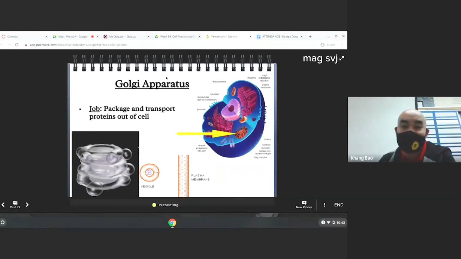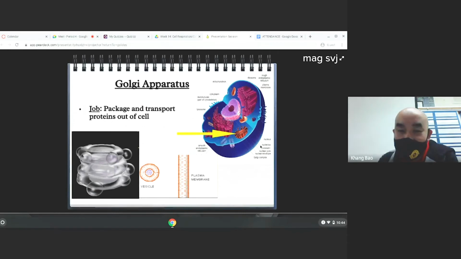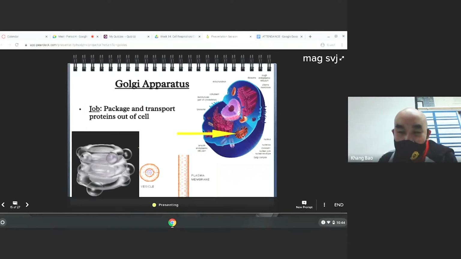The next thing is the Golgi apparatus. Name sounds funny, right? But its job is kind of like FedEx or UPS or Amazon Prime. Their job is to package and they transport protein out of the cell. The protein will go to wherever your body needs, okay? Is this thing right here. Its job is to package like a vesicle, like a surrounding thing.